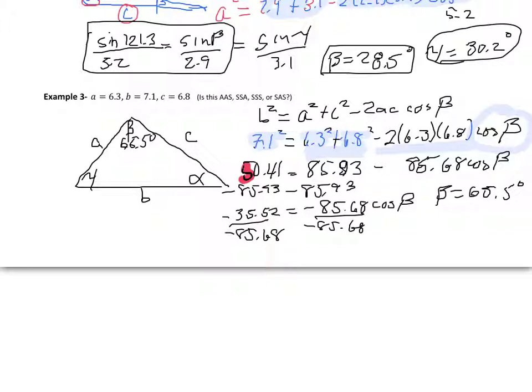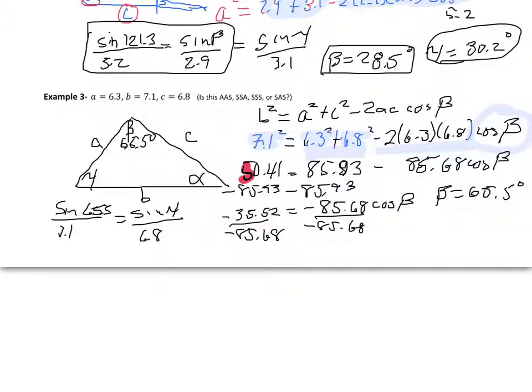Okay. Now we use what, Connor? The law of sines to find either alpha or gamma, and then you can do the 180 thing to find the other one. So we go, the sine of 65.5 over b, which is 7.1, equals, let's go with gamma, the sine of gamma over c, which is 6.8.